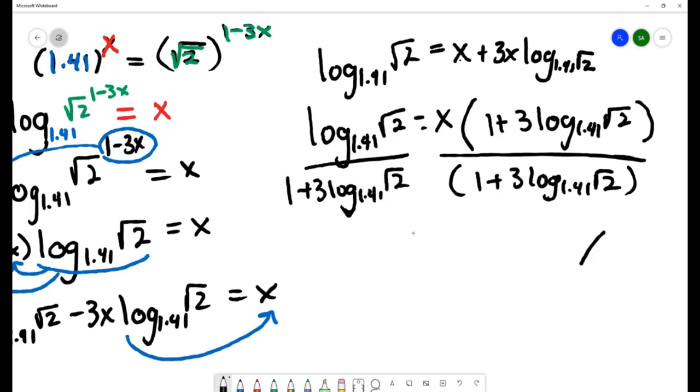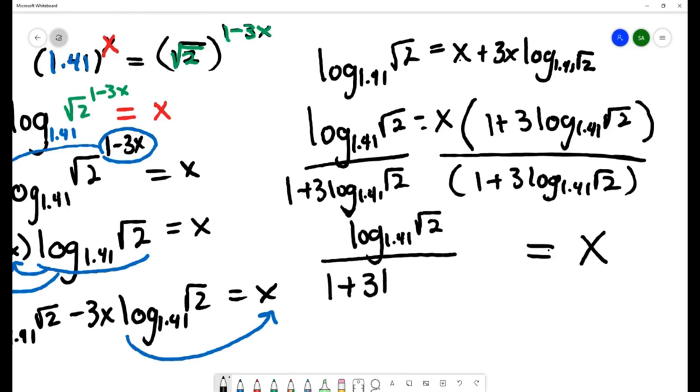And our final answer, x equals log base 1.41 of square root of 2 over 1 plus 3 log base 1.41 of square root of 2. So that's our exact solution by converting it to a log equation.